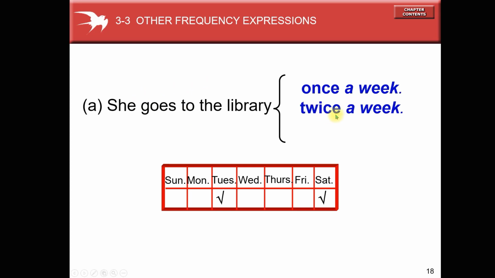Twice a week. Twice means 2 times. Twice a week. And 5 times a week. 1, 2, 3, 4, and 5. So we can express frequency using once, only 1, twice, only 2, or 3, 4, 5, etc. times. Okay?